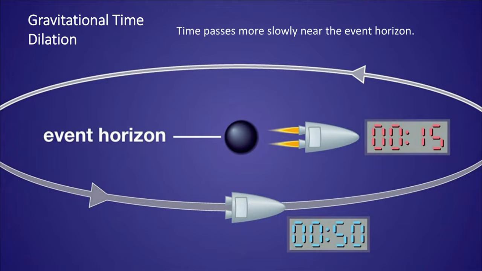So time passes more slowly the closer you get to the event horizon. This is the general relativity consequence of that. You also have special relativity consequences, where the closer to the speed of light you get, you also get time dilation.